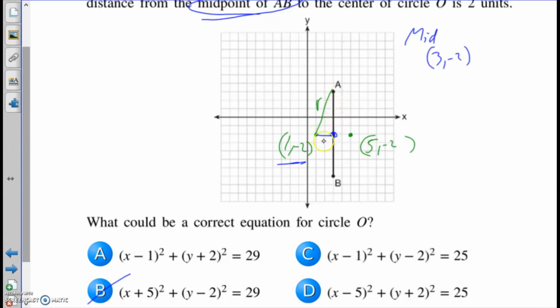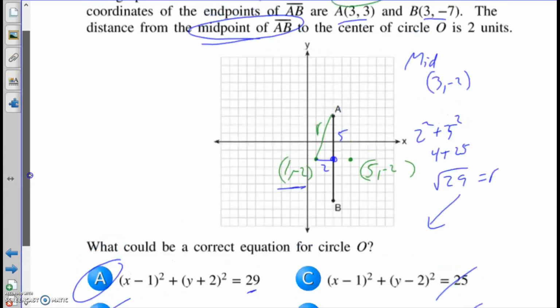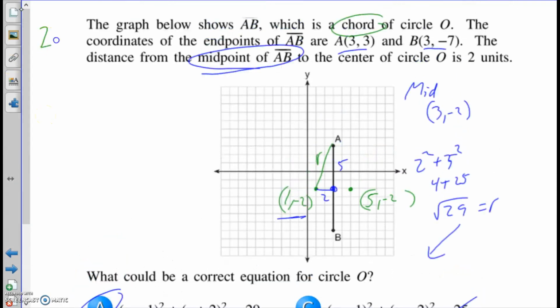Again, think of it as a right triangle, this is 2 by 5. 2 squared plus 5 squared is 4 plus 25, which is 29. So the radius is rad 29, but in these formulas, it's radius squared. That's why I need regular 29, not 25. Tricky question, weird how it's set up, but that's 23.